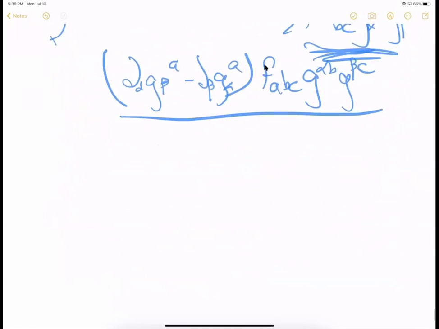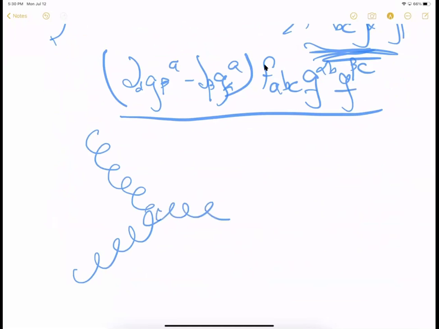But this leads to an interaction where you have two gluon fields, these two, and a derivative of a gluon field, all coupling together. So it's a three gluon interaction.